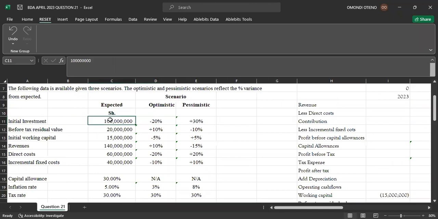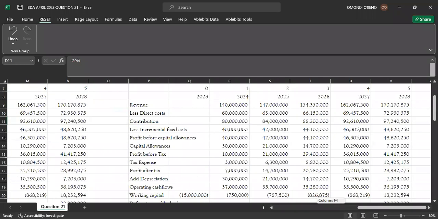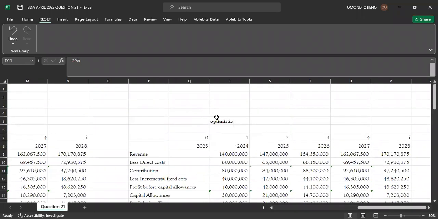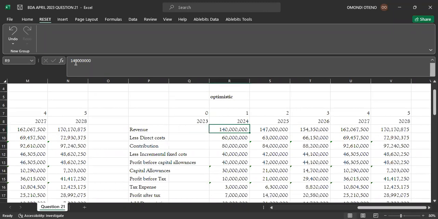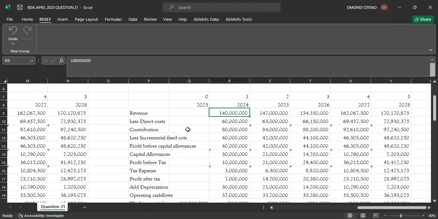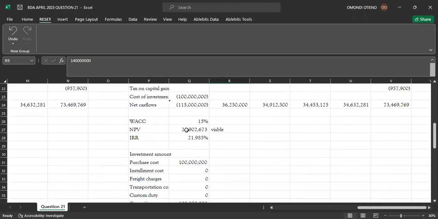Expected was 100 in 2024. But then optimistic is 20% less. That is 80% of expected. So I just come here. In 2024, under optimistic, it is the investment year. Where is our investment? So any place that you are using the investment, it is equivalent to that.